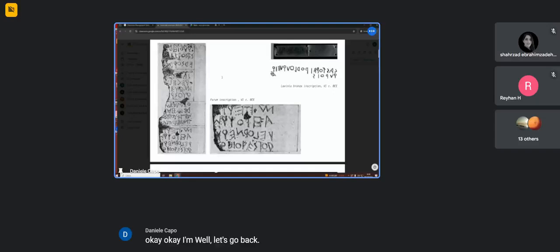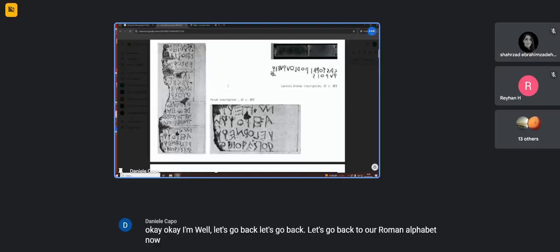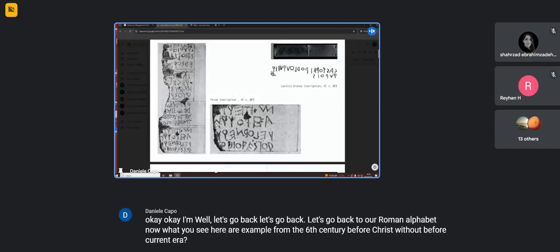Well, let's go back to our Roman alphabet. What you see here are examples from the 6th century before Christ, before the current era, of the archaic Latin alphabet.